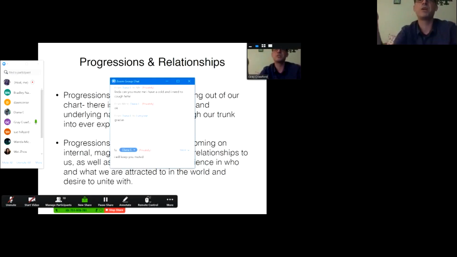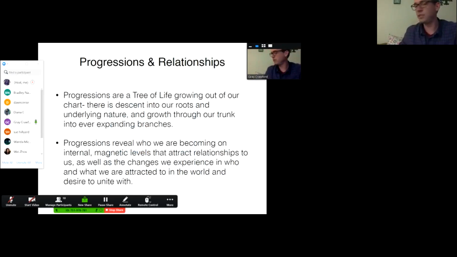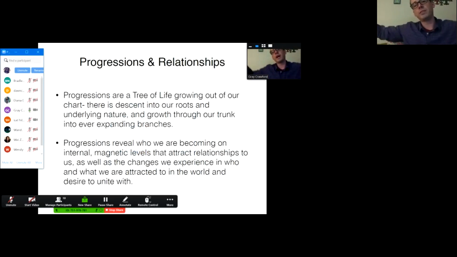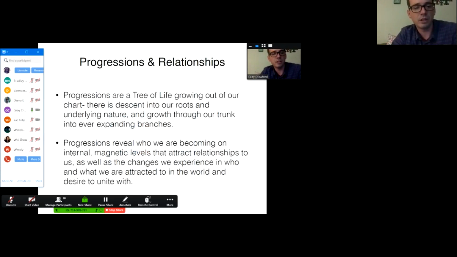And then there's also a part where we come within and return, descending down to our root structure. So I think of it as growth outwardly, and also a descent inwardly into our roots.